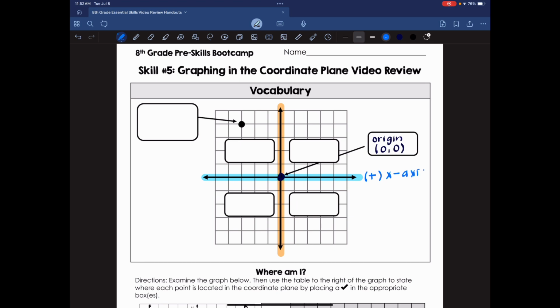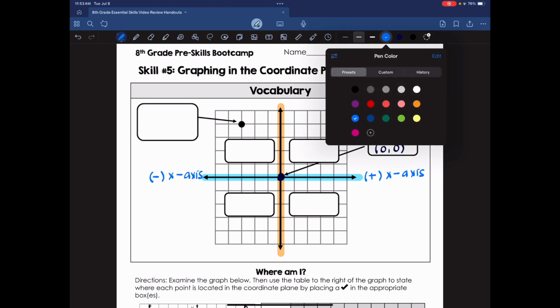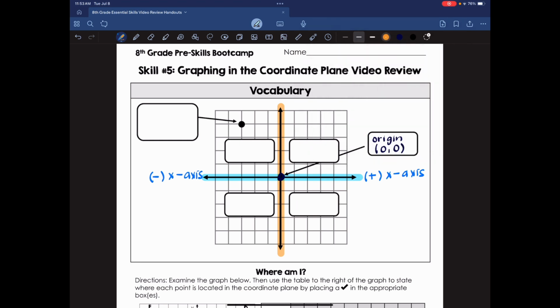All the points to the left of the origin on the horizontal axis are the negative x-axis. Similarly, we can break the y-axis up. All the points above the origin would be part of the positive y-axis, and all the points below the origin would be part of the negative y-axis.